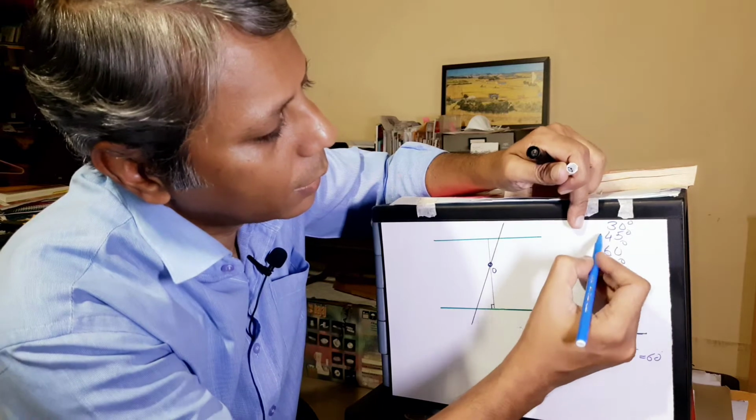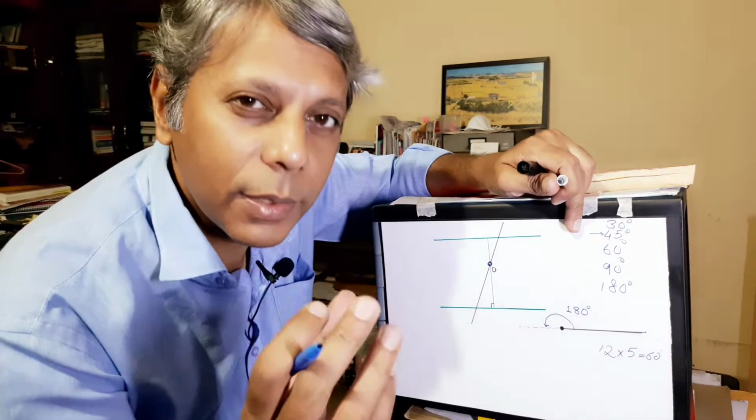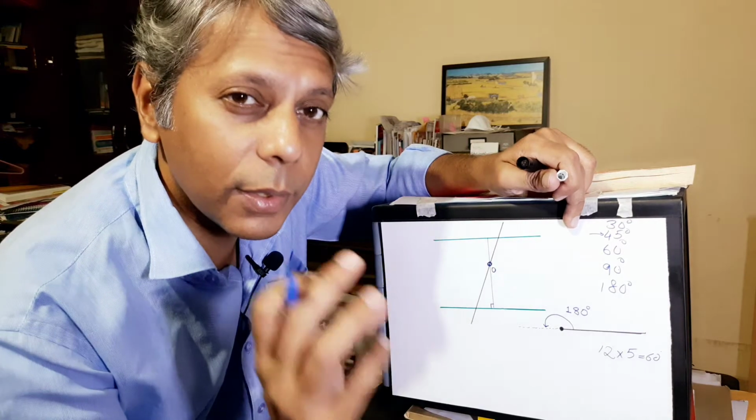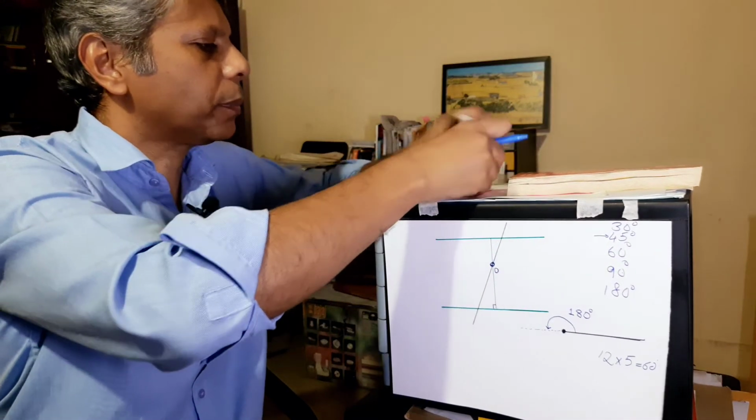In fact, 45 degrees and 90 degrees, we have seen this in an earlier video, and this is like a set square. So I've shown you this before.